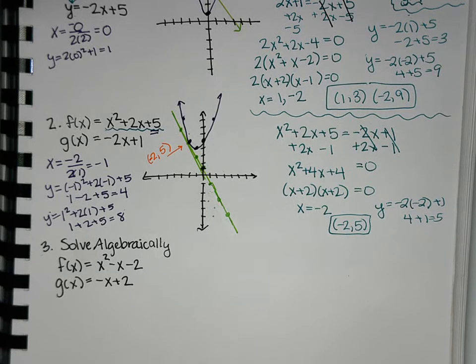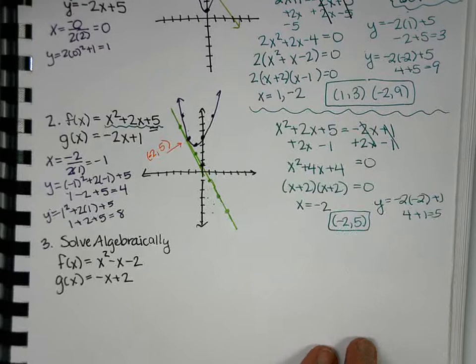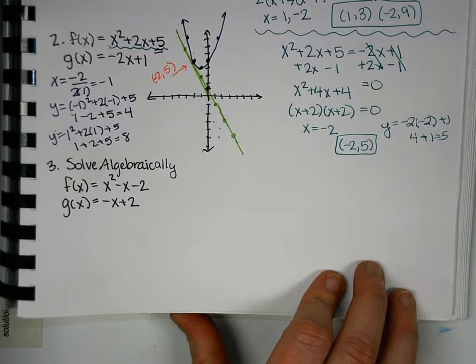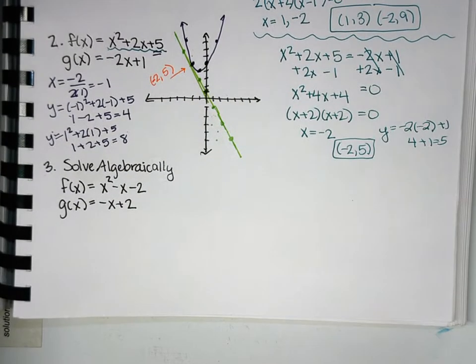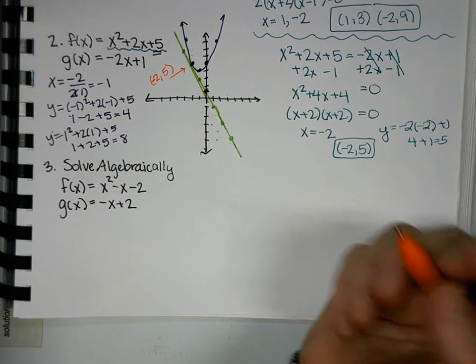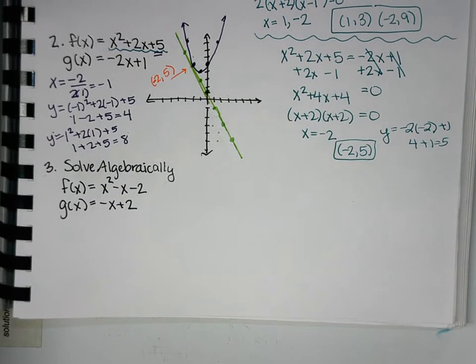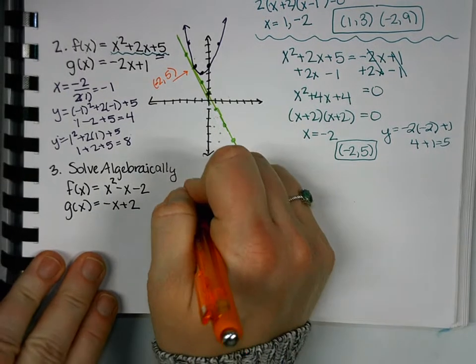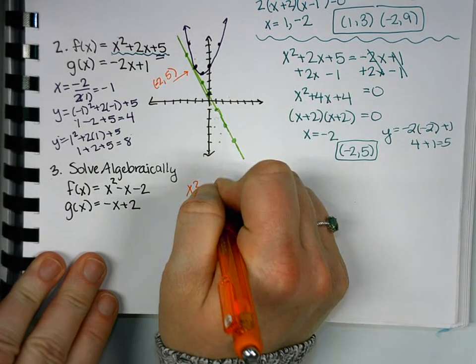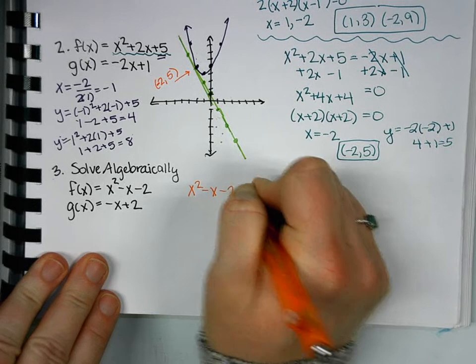Okay, so the number 3, we're going to just do algebraic. So we're only going to do what we did over here on the right. So you're going to start by setting the two equations equal to one another. So x squared minus x minus 2 equals negative x plus 2.